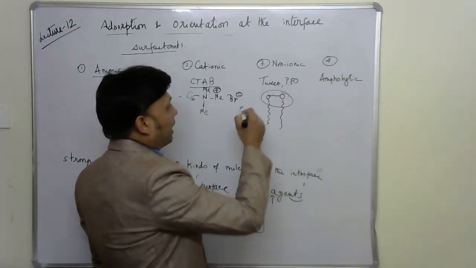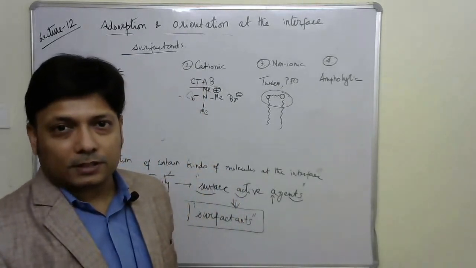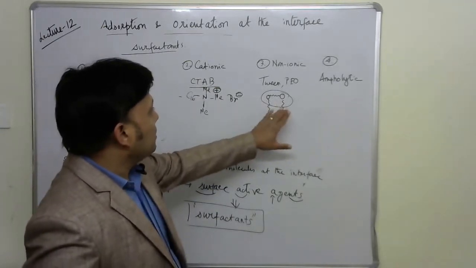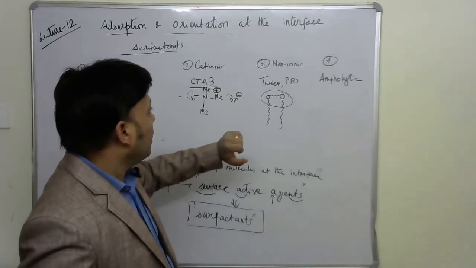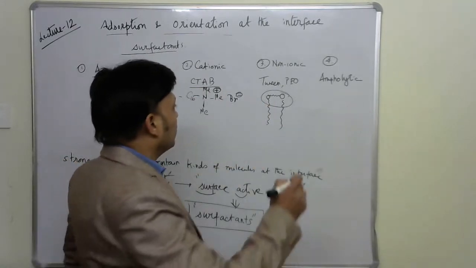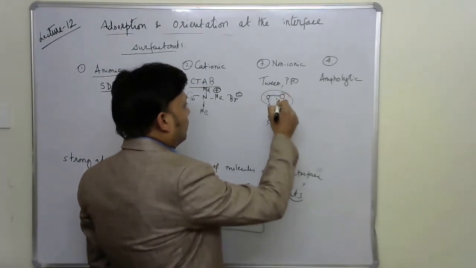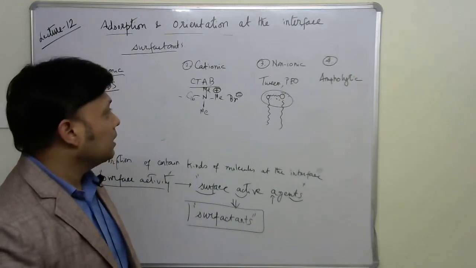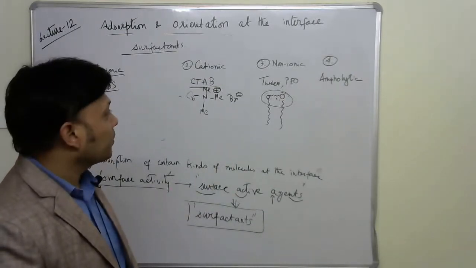This part can act as a polar head group. Here the ethylene oxide groups act as the polar head group, and these are non-ionic. There are many different types of polyethylene oxides. Later we can talk about it.